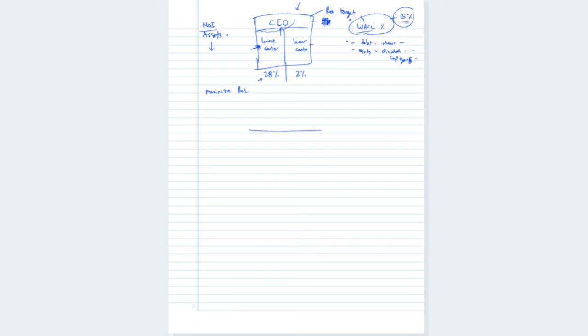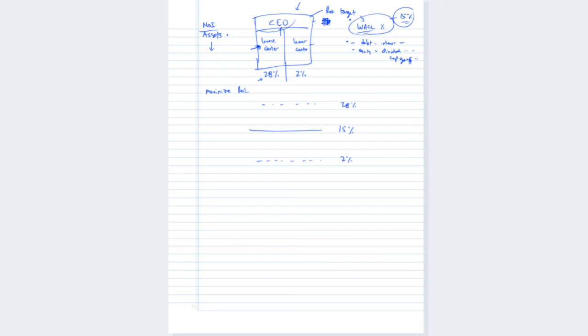So here's 15%. Here's you cruising along at 28%, and here's me limping along at 2%. What happens if a new project comes along? What happens if a project comes along that you have the opportunity to invest in, and so do I?